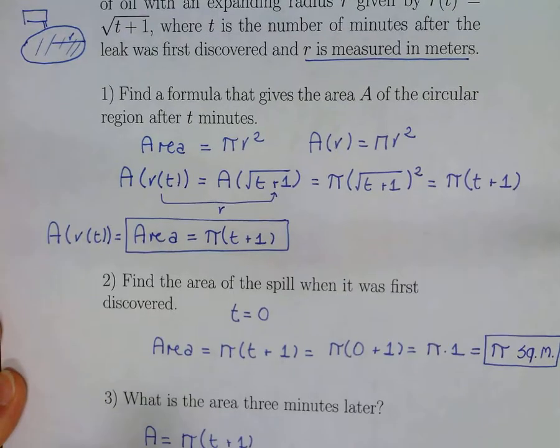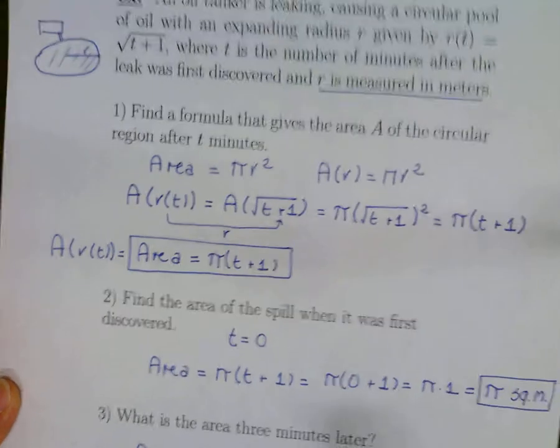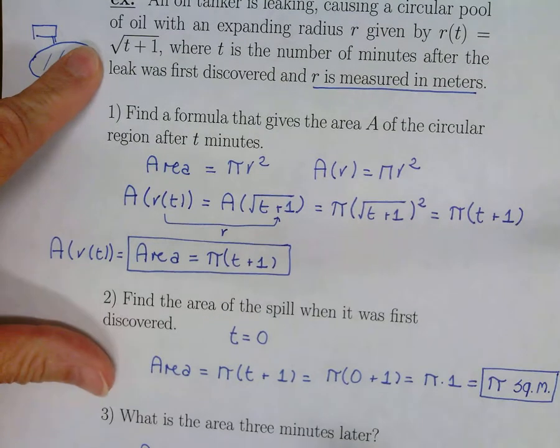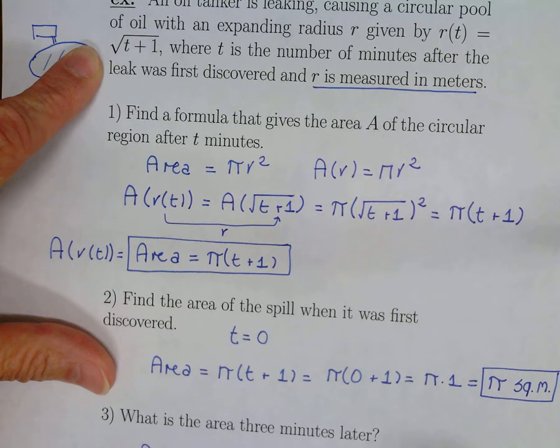Okay. We know that a equals pi r squared, where r equals the square root of t plus 1, which is the square root of 3 plus 1, which equals the square root of 4, which equals 2 when t equals 3.